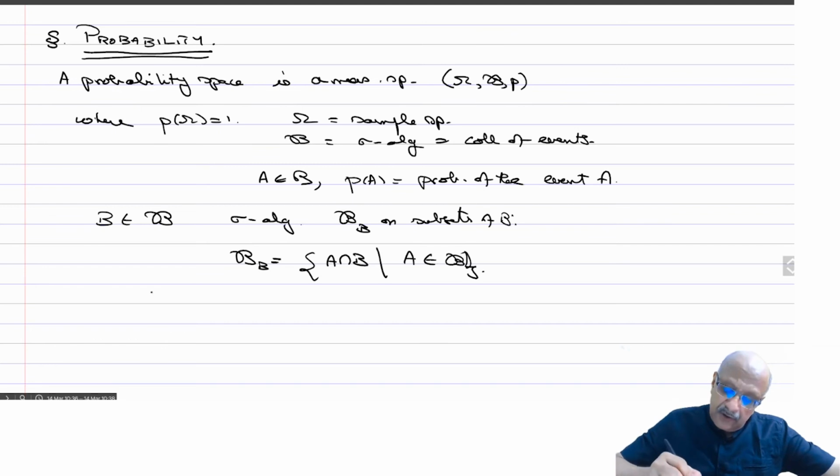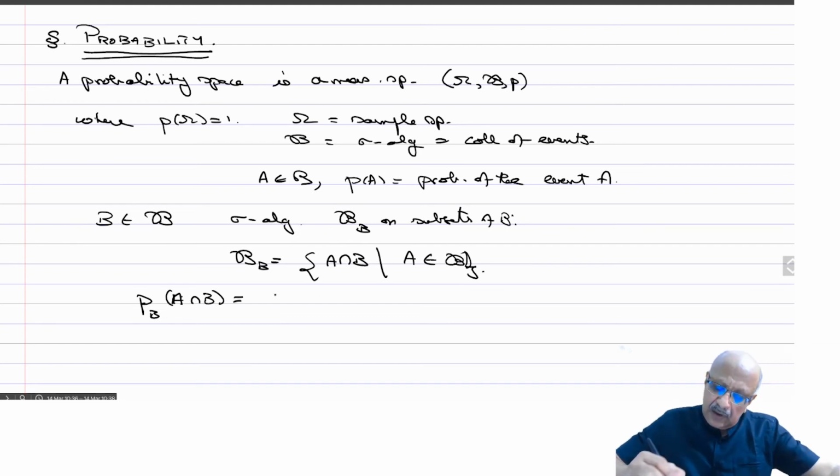And you define a probability on these. So P_B of A intersection B is nothing but the usual probability of A intersection B itself.